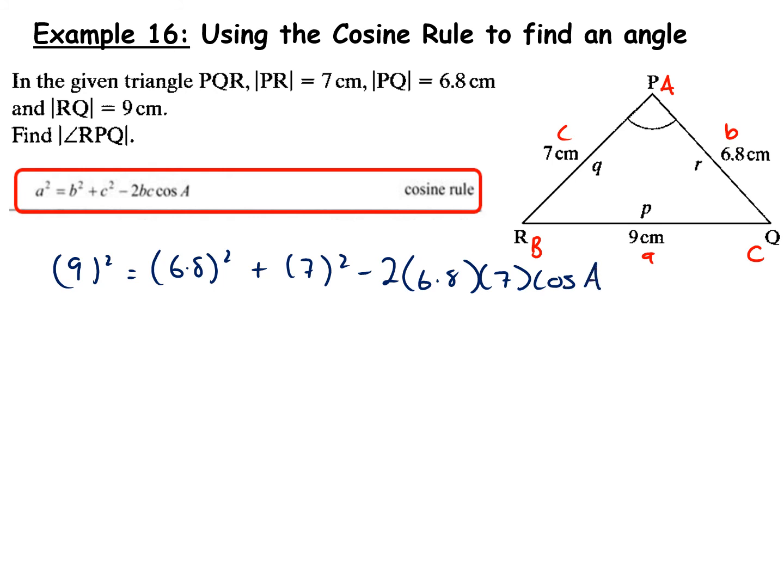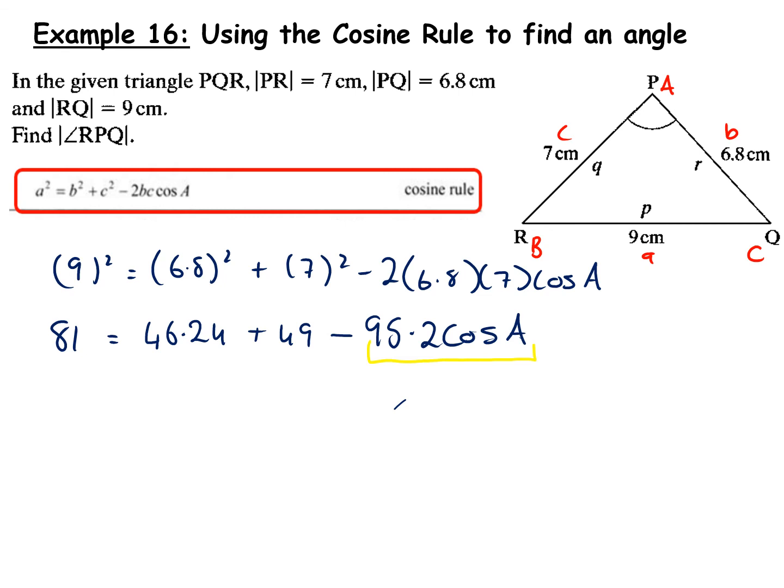So we want to work with this and clean it up if we can. We end up with 81 is equal to 46.24 plus 49 minus 95.2 cos of A. Remember, that's all connected, this must stay together.